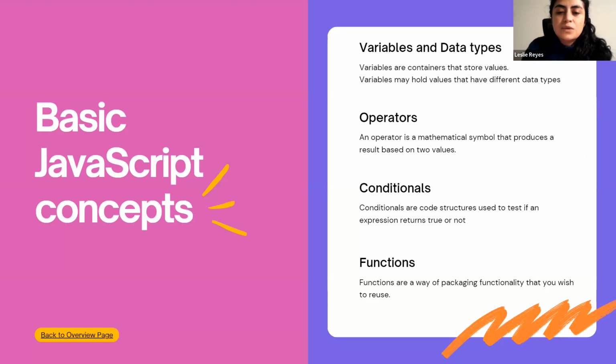And then we have the operators, mainly for arithmetic use, like sum, subtraction, multiplication, things like that. Then we have conditionals, structures of code that verify an expression and return something or not, depending on if the condition is met or not.